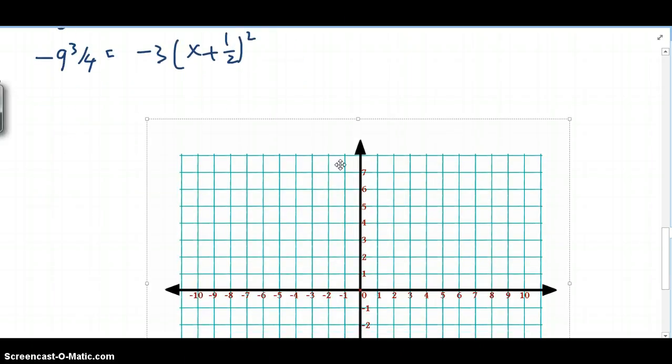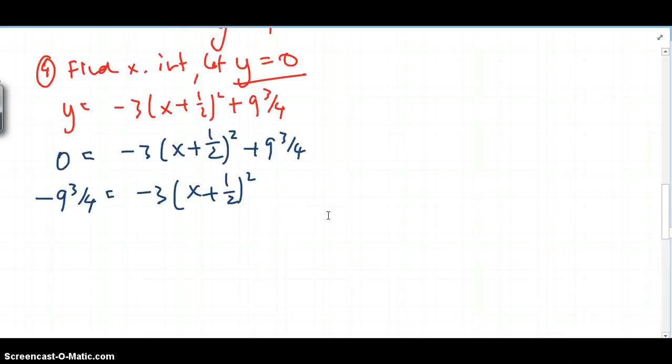Now I'm going to divide both sides by minus 3. If I divide by minus 3, I get 3 and 1/4 is equal to (x plus a half) squared.